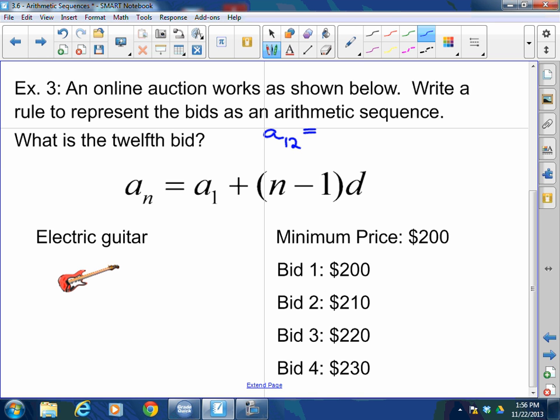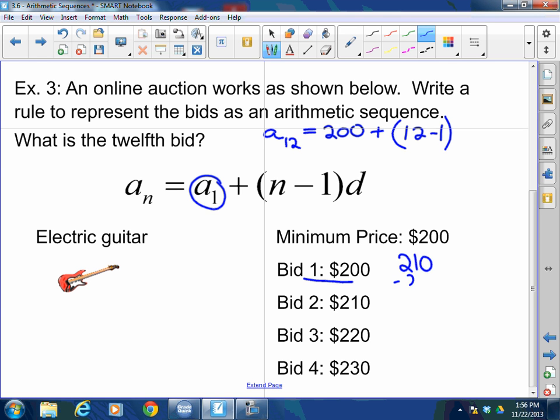That's going to equal, a sub 1 is my first term. What's my first term here? Guys? 200. Very good. That's my first term. Plus, n is the term number I'm looking for. What term number am I looking for? 12 minus 1 times the D, common difference. How do I find my common difference?